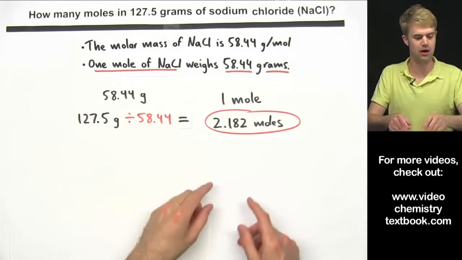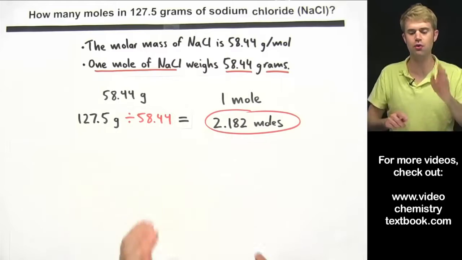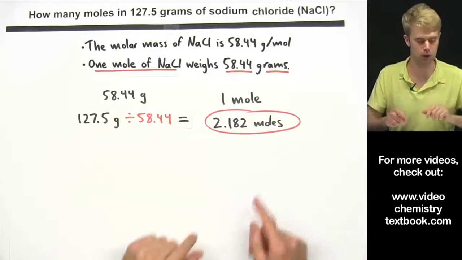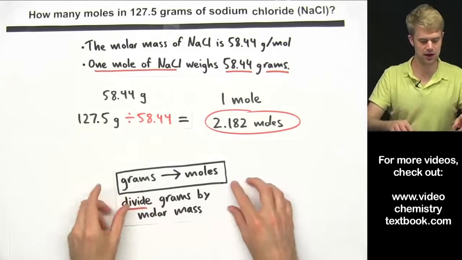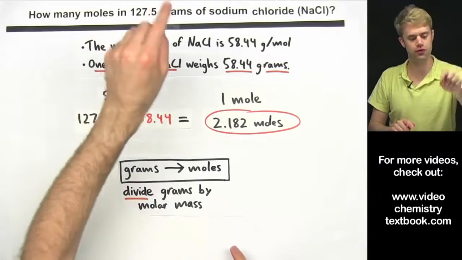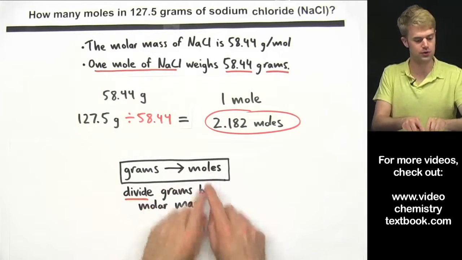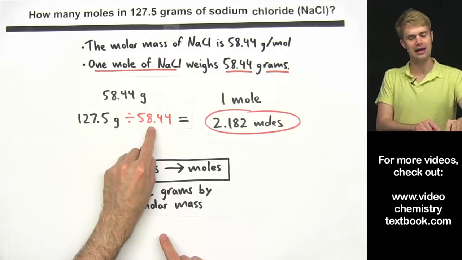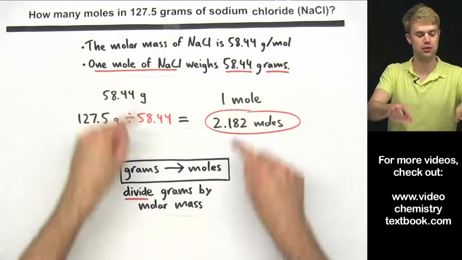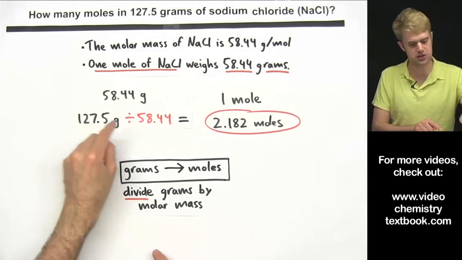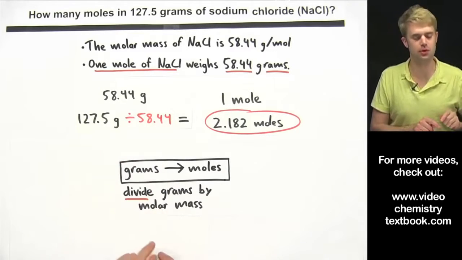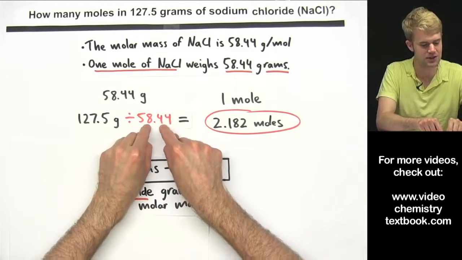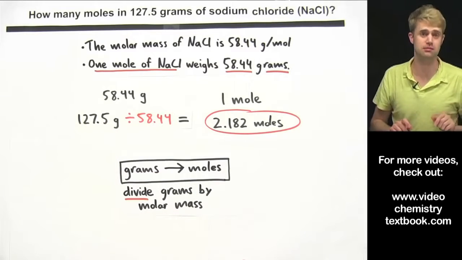When we do the math, rounding to 4 significant figures, we get 2.182 moles. We can sum up what I did here by saying that when we're converting from grams to moles, we take grams and we divide by the molar mass. So that's what I'm doing here, taking the grams and dividing by the molar mass to see how many molar masses fit in the number of grams that we have.